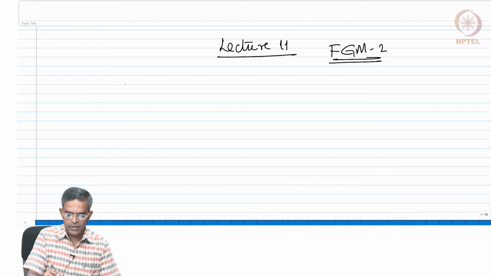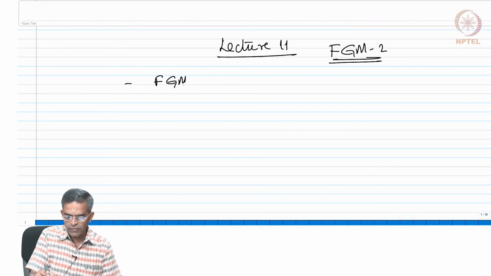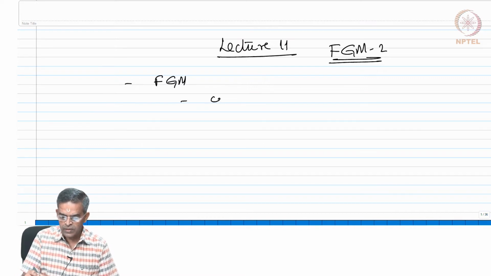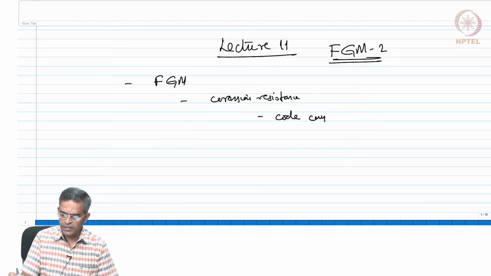So in the last lecture we discussed the ingredients of FGM, which has a specific functional requirement, which is corrosion resistance. We have checked the code compliance of the ingredients of the material.